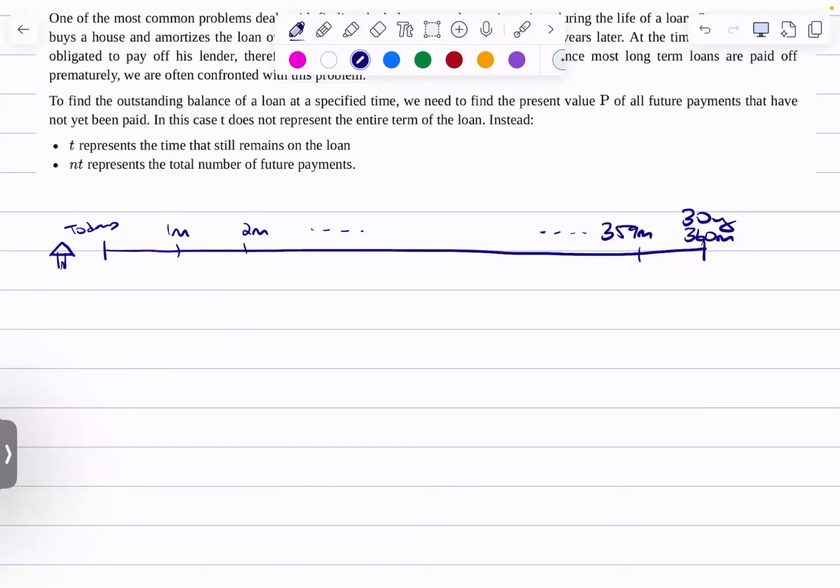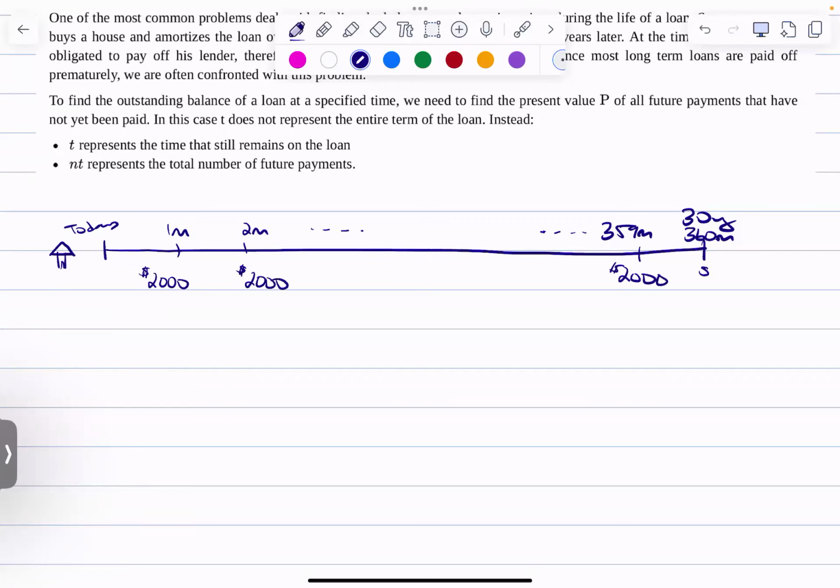Let's say for simplicity that you're paying maybe $2,000 per month for 30 years.